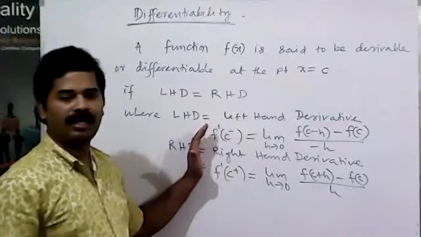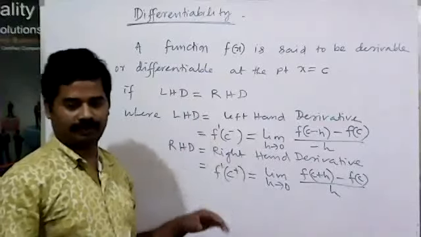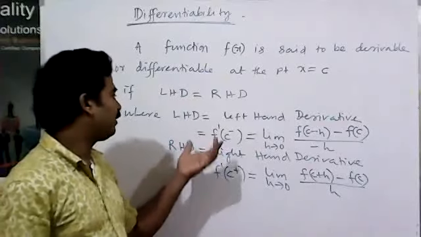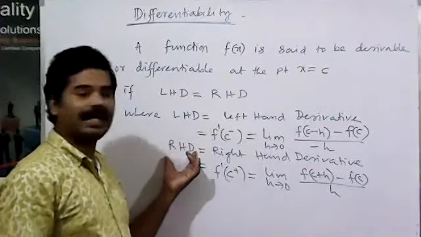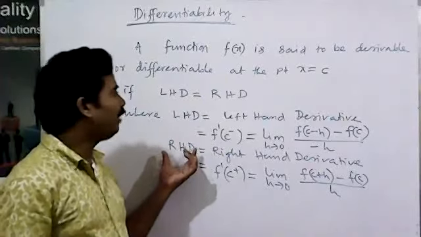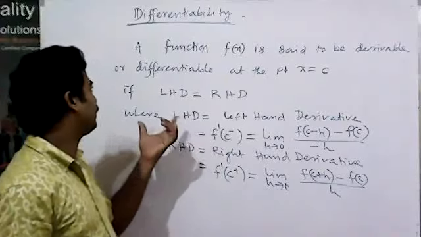Then how does this formula come? How can you say that the LHD is this and the RHD is this? We have to understand the definition.